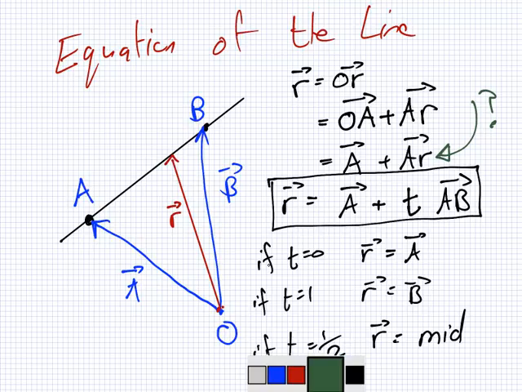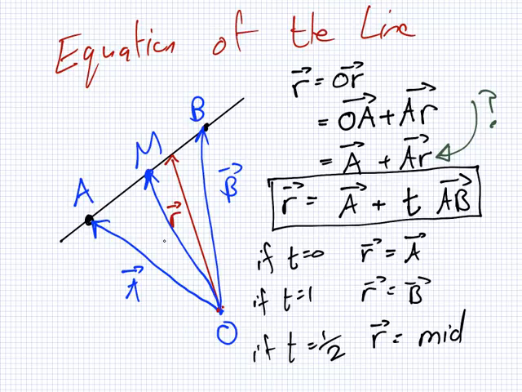So if you put t as a half, you would get the point which is in the middle of A and B. What happens if you put t bigger than 1? Where would that be on the line? Past the B, yeah, so it'd be like up here. And if t is more than 1, and less than 0?